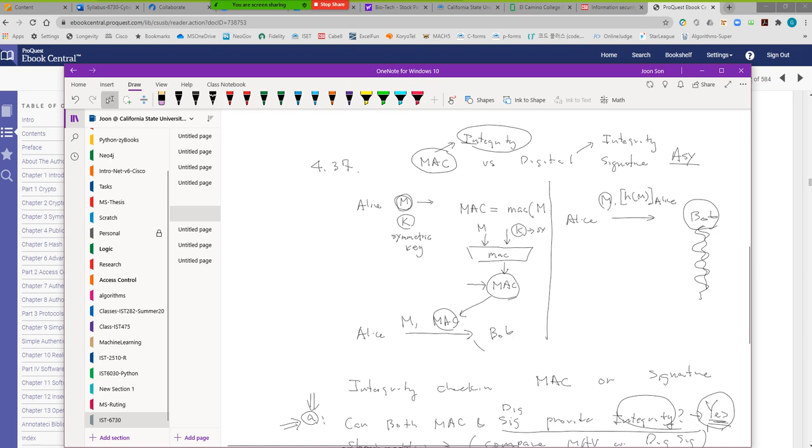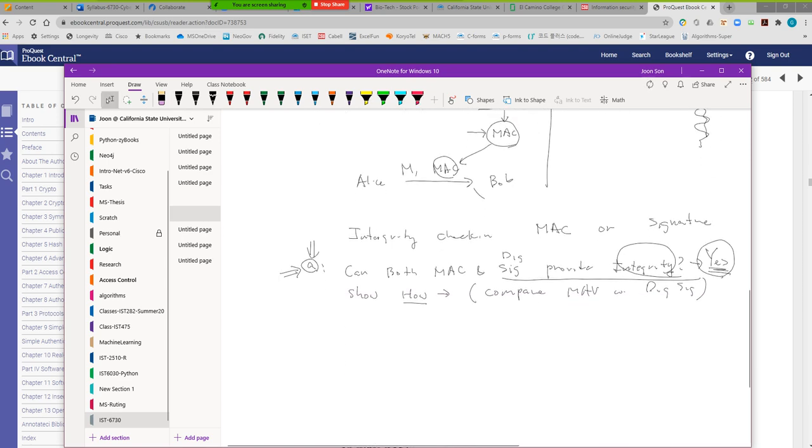The first comparison is that this one uses a symmetric key, versus this one uses an asymmetric key, right? So the verification process is different. That's part A.